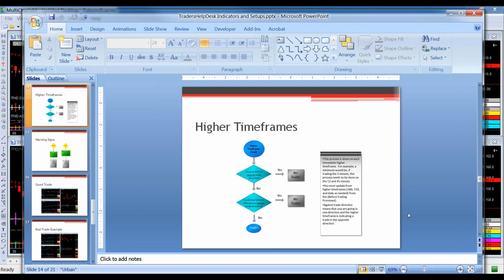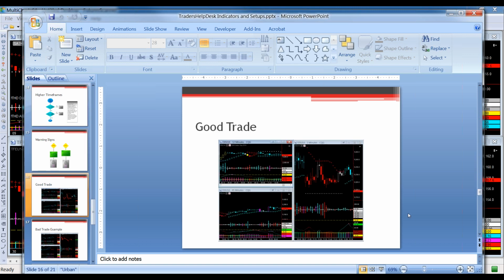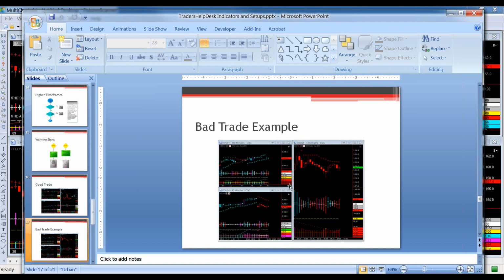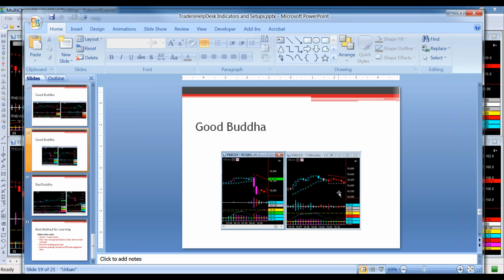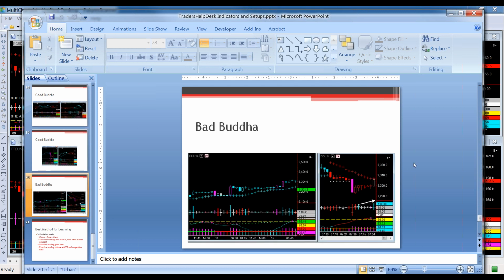We go through the higher time frame checks, the warning signs, and then we show you why this is a good trade versus this is a bad trade, okay? We go through why this is a good Buddha trade setup, why I would have taken this Buddha trade, okay, versus this is a bad Buddha, okay? I love saying bad Buddha.